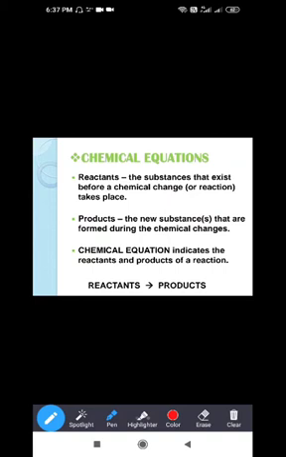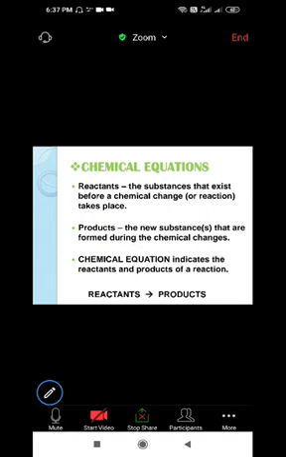The new substance or substances that are formed during the chemical change are known as products. So the chemical equation indicates the reactants and the products of a reaction, just like this. As you can see over here, the reactants give products. I hope this is clear to you, right?